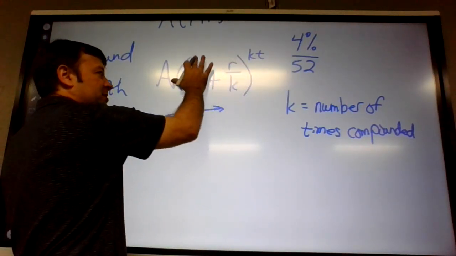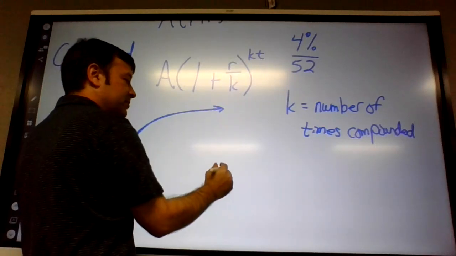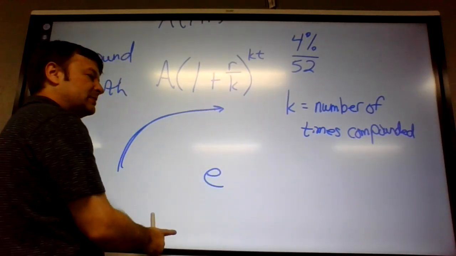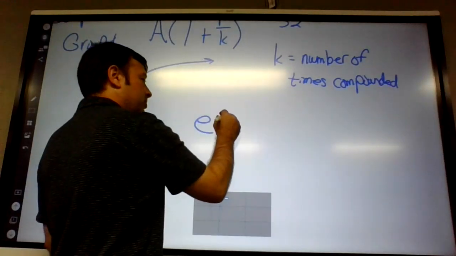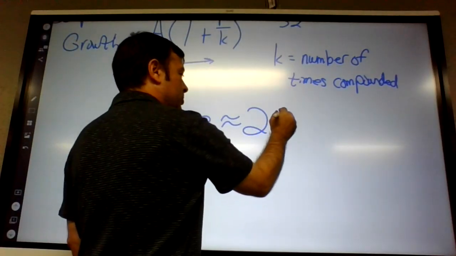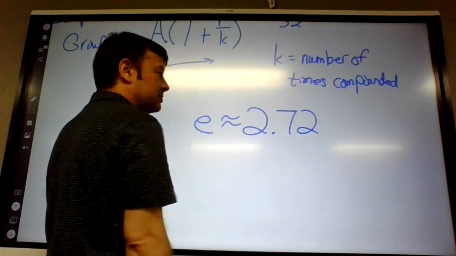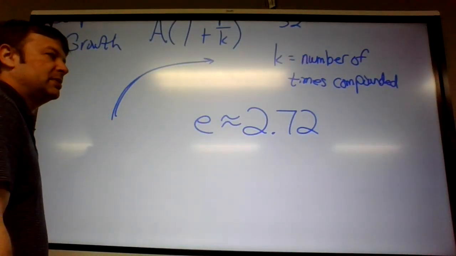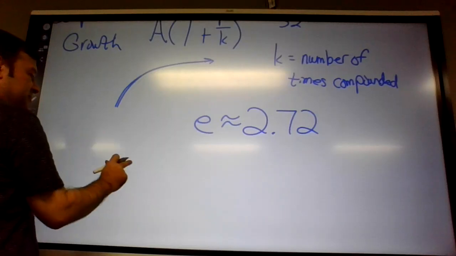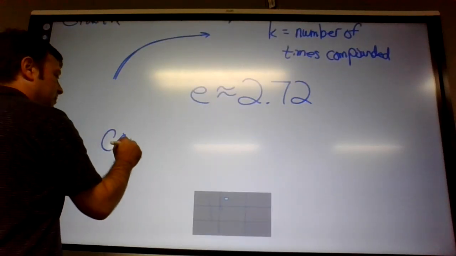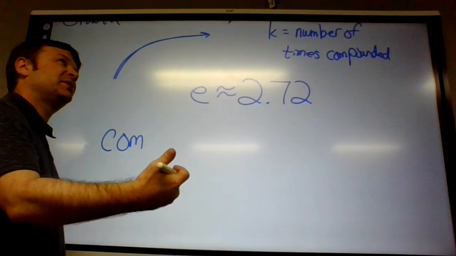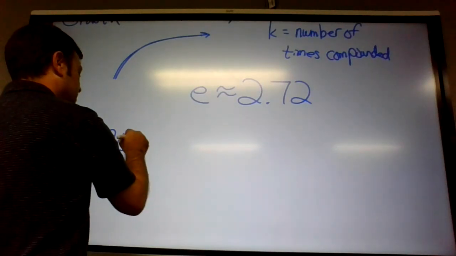And what all of this kind of simplifies to is the number E. You guys remember this number? E is about, it's kind of like pi, it's an infinite decimal. 2.72. Okay, so this is used for continuous compound interest, compounded continuously.